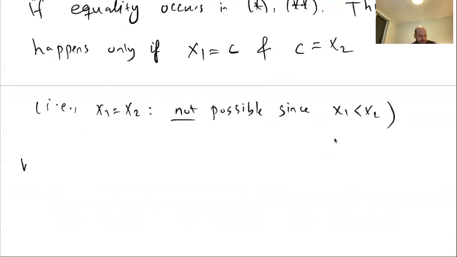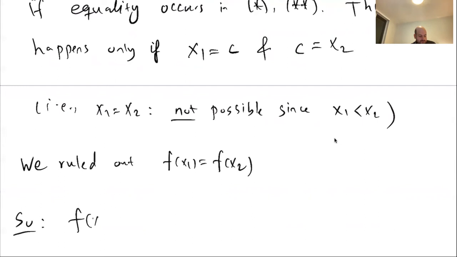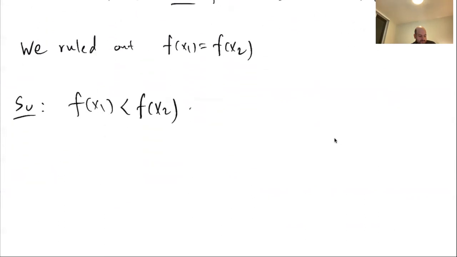So we ruled out f of x1 equals f of x2. So we can say f of x1 is less than f of x2. And that's it.